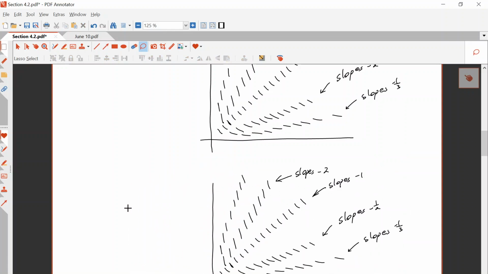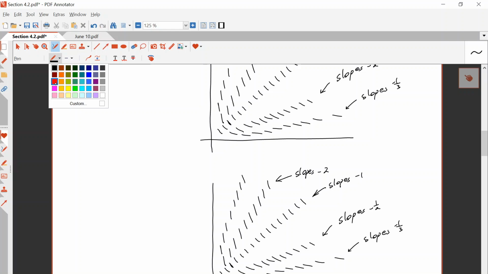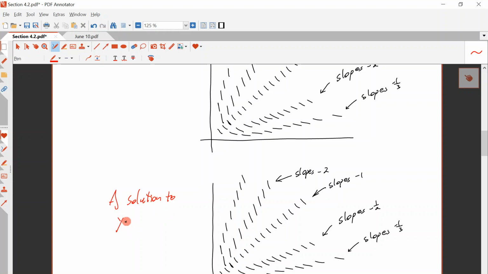So now a solution y equals g of x to y prime equals minus y over x follows this direction field.